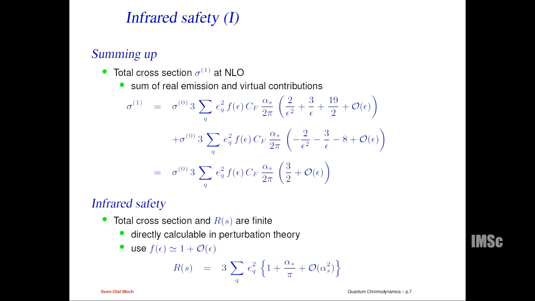So finally we get 3 times the sum of all quark charges, and then 1 is the Born result, and then the NLO result, if we apply it to QCD, meaning we take CF to be 4/3. So this is 4/3 times 3/4, so we end up with a factor alpha s over pi. And this is the whole NLO correction to the R ratio. And this is finite, and this is simply a number which we can compute.